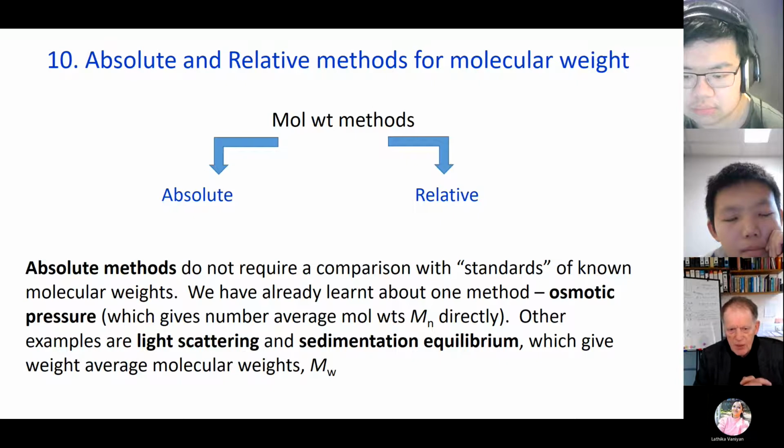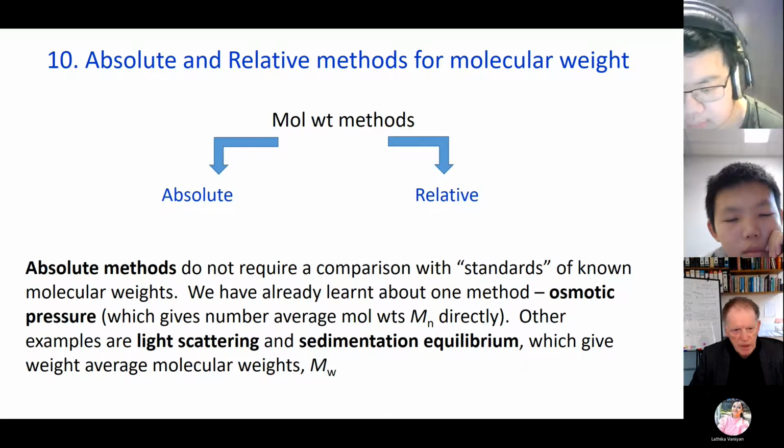I mean, by all means, you can use materials of known molecular weight to check the correct functioning of the instrumentation to give the right molecular weight back, but they're not required as standards for measuring materials of unknown molecular weight.